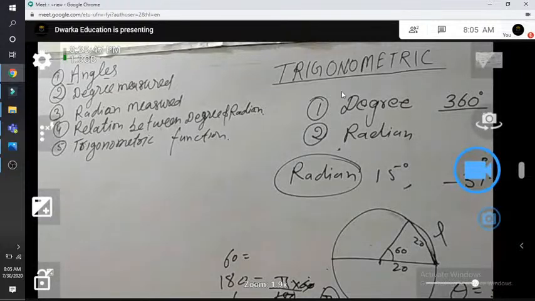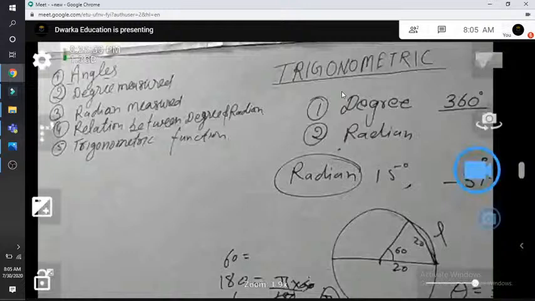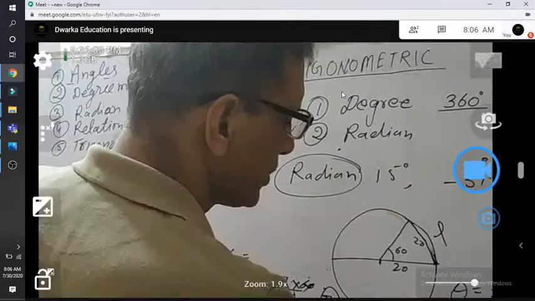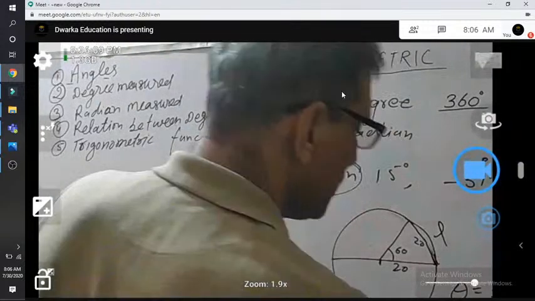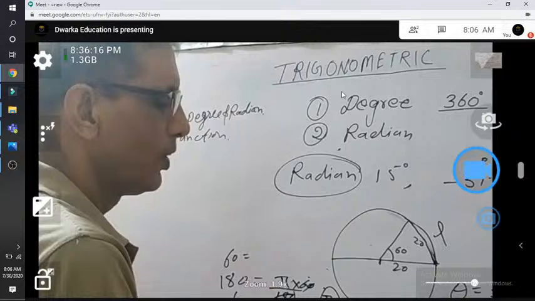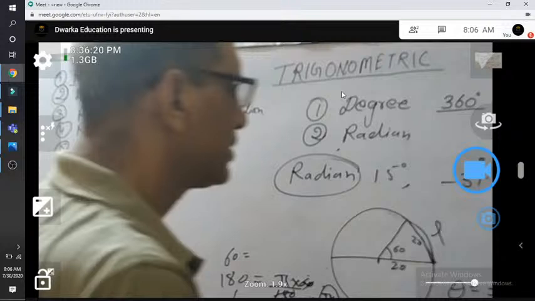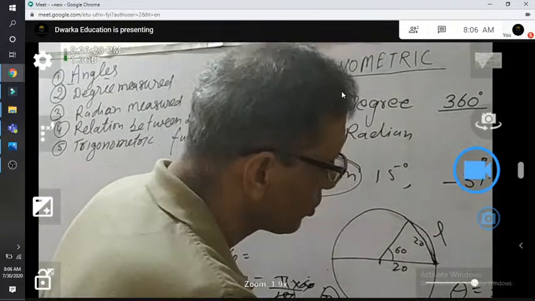We find the length of the arc by calculating this, and this calculation is equal to 20 pi by 3 centimeter. If we do not calculate this, we can easily take 20 pi by 3 centimeter. This is the answer of this question. This is the length of the arc L.